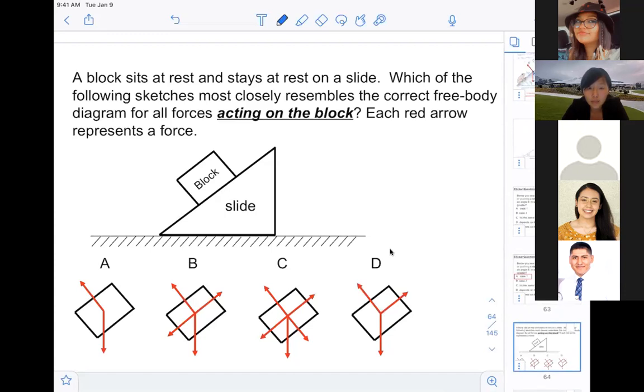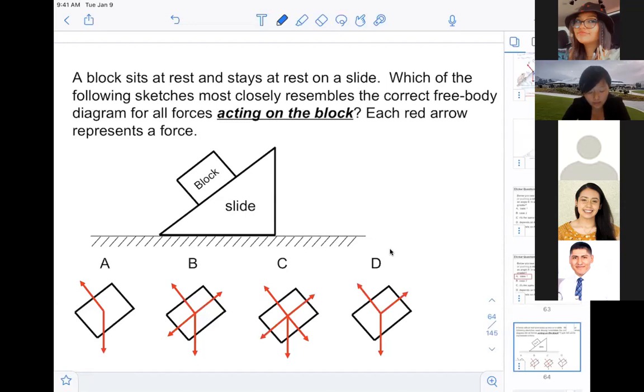Looking at the distribution of the results, it looks like we all agree on two of the forces, normal force and gravity. Now for B and C, we did talk about how to break down gravity into two components, so I understand why you might choose B or C, maybe you're trying to draw that component.